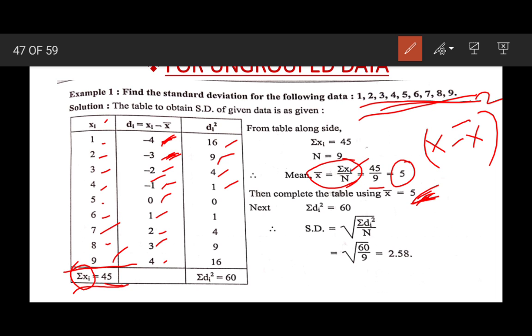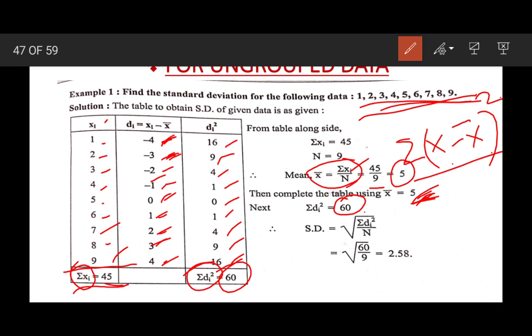Minus 1 squared is 1. 0 squared is 0. 1 squared is 1. 2 squared is 4. 3 squared is 9. Again 4 squared is 16. Then next is the total, the summation. The summation of this column will be 60. So now I have the summation of (x minus x bar) whole square as 60.